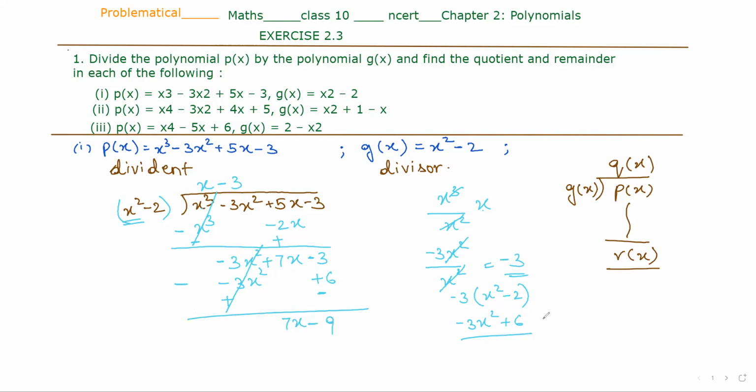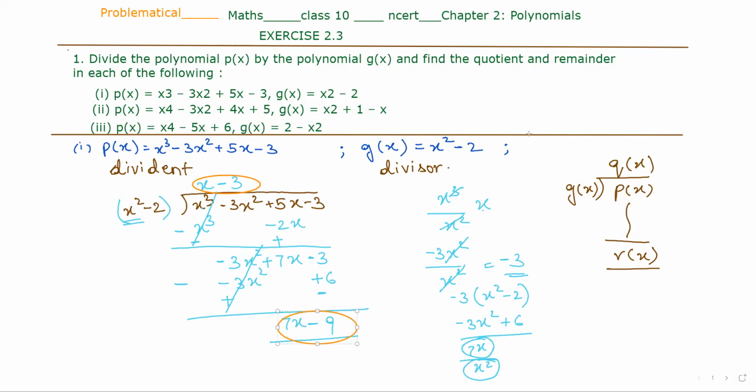Now, if you divide this, you have first term as 7x and here you have x square. Observe that the power of the numerator is smaller than the power of the denominator, which means no further division is possible. By this observation, we end up with the conclusion that x minus 3 is your quotient and 7x minus 9 is your remainder.